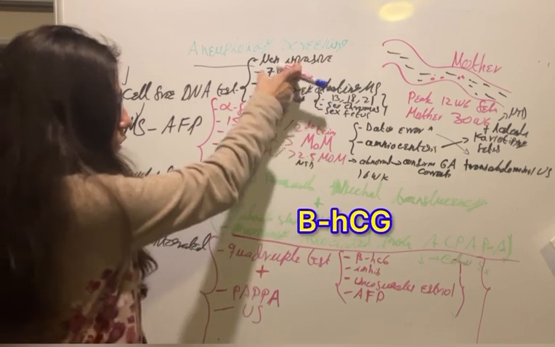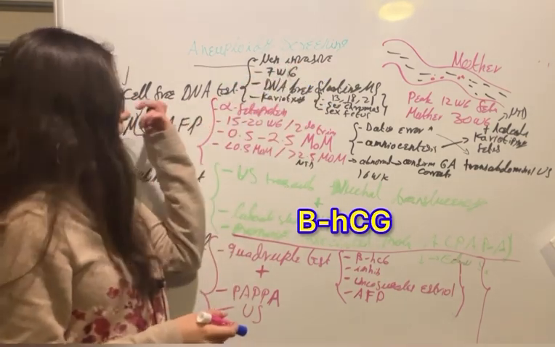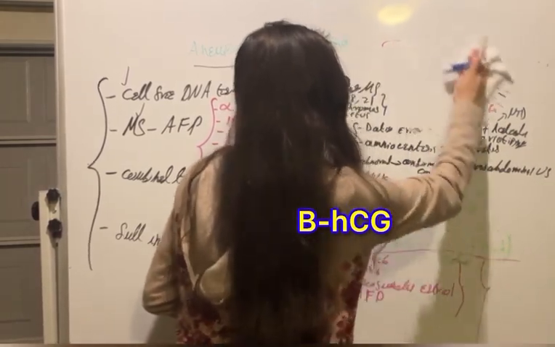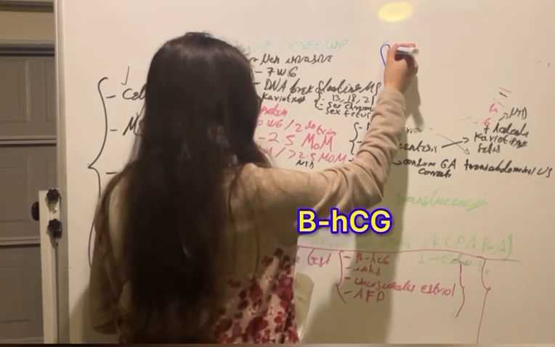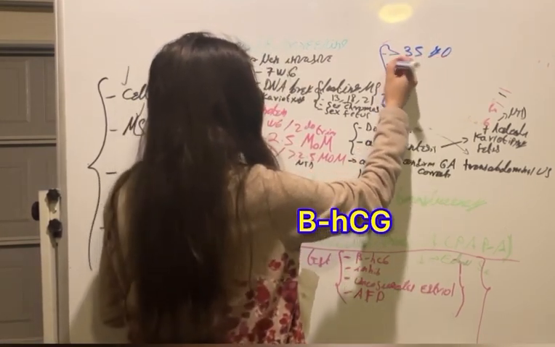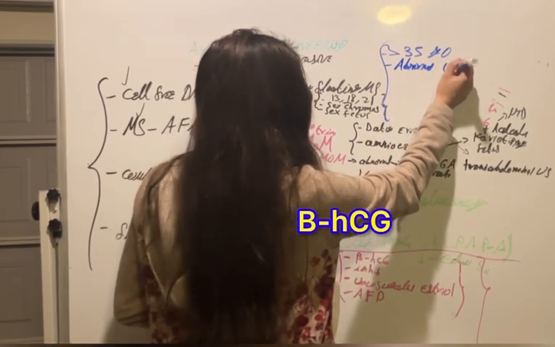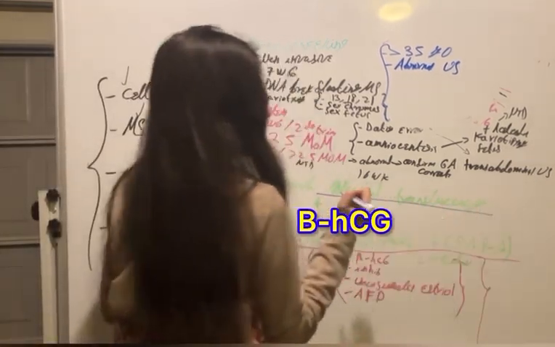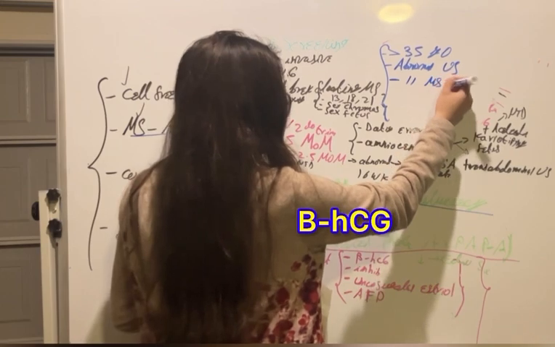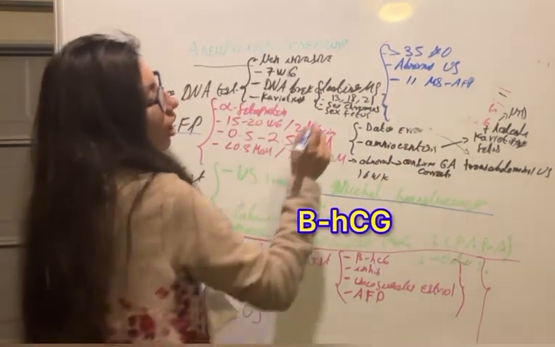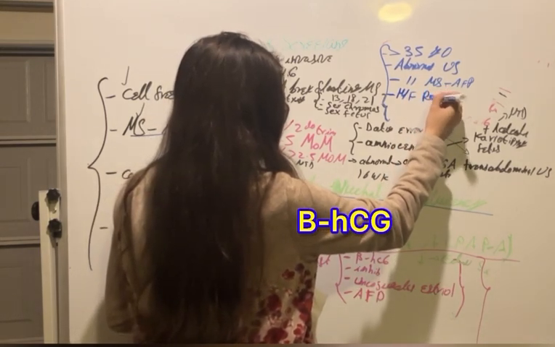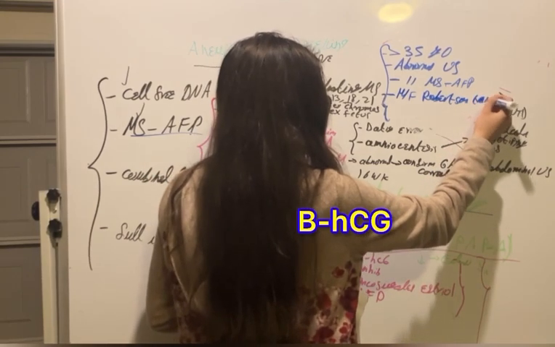Even though we can do it at 7 weeks gestation, normally we do cell-free DNA testing only if the mother is greater than 35 years old, or if we have an abnormal ultrasound, for example having a nuchal translucency, or if we have an abnormal maternal serum alpha-fetoprotein, or if we know that the mother or the father had a Robertsonian translocation.